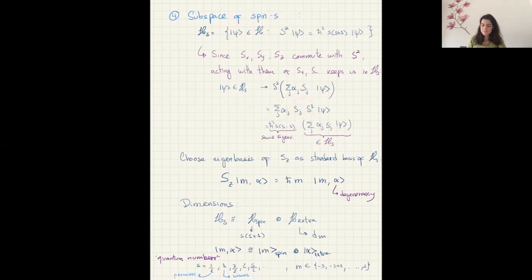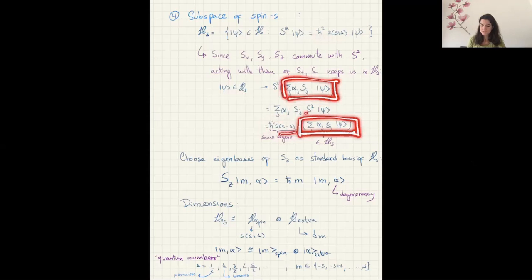Applied to this state, we know what this is: this eigenvalue, because precisely it was inside this Hilbert space. So you get the same eigenvalue, and what's left? This is a number, so it can go outside, and what's left is the original state that we started with.